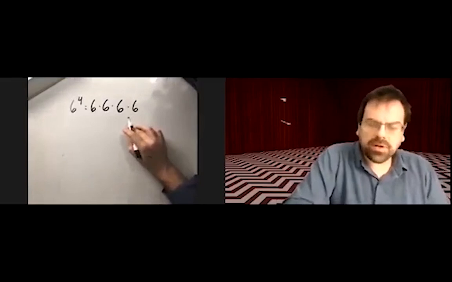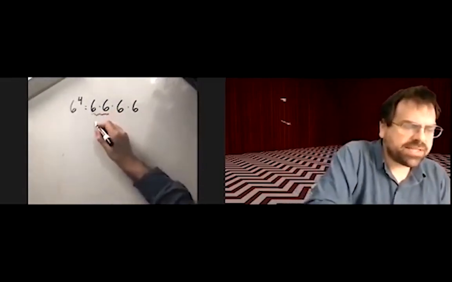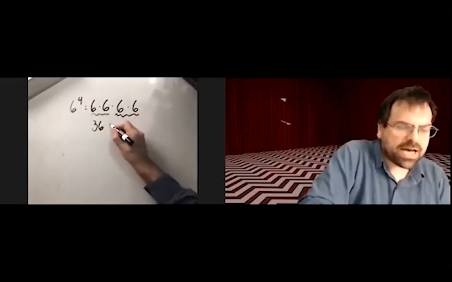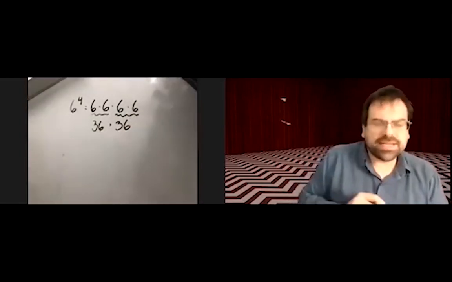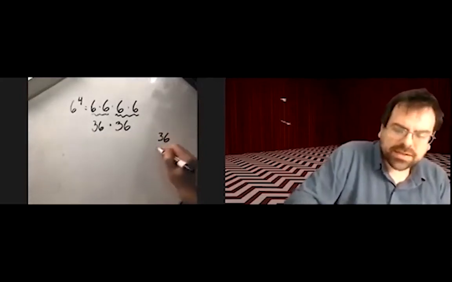When it's all repeated multiplication like this, I also want to show you that you can do 6 times 6 is 36, and then over here, there's another times 6 times 6, which would be 36 again. So you can do 36 times 36.